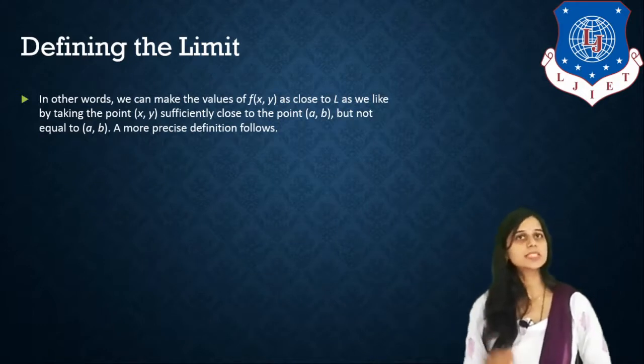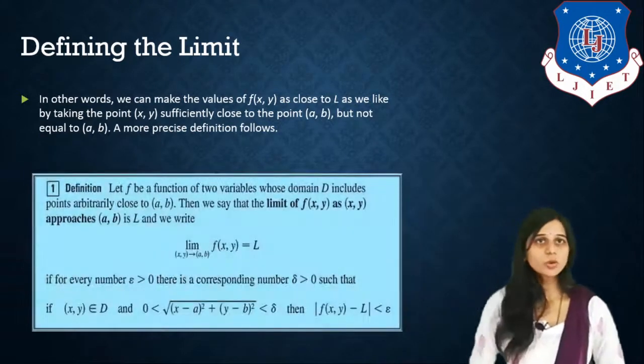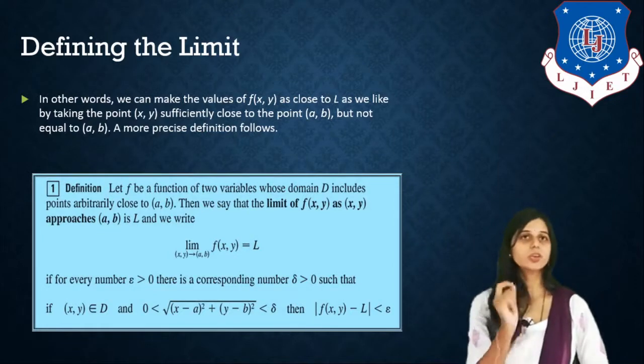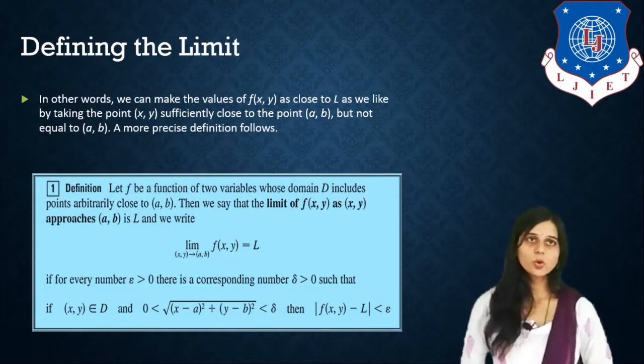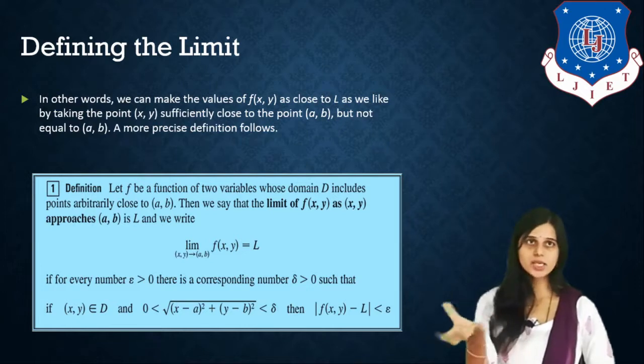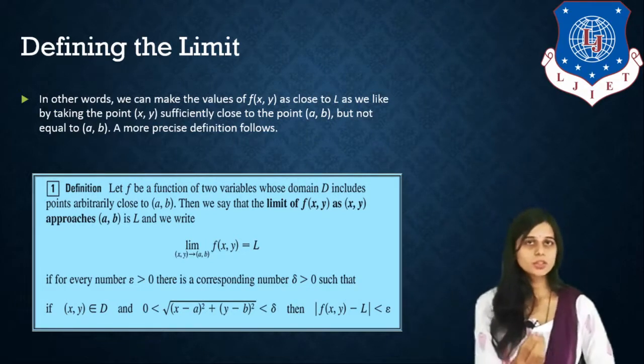A more precise definition, there is a book definition. We say that let f be a function of two variables in domain D, D is in your space, including points arbitrarily close to (a, b).